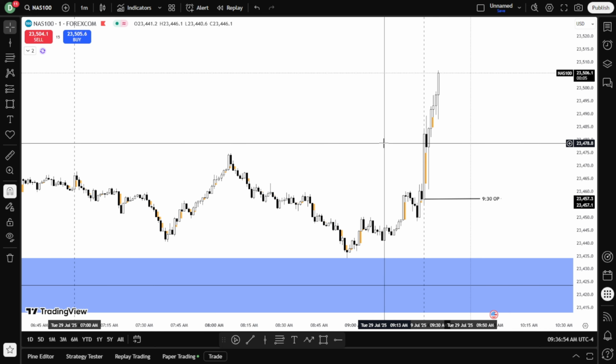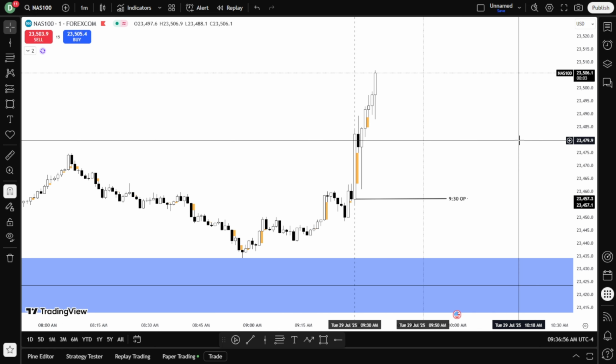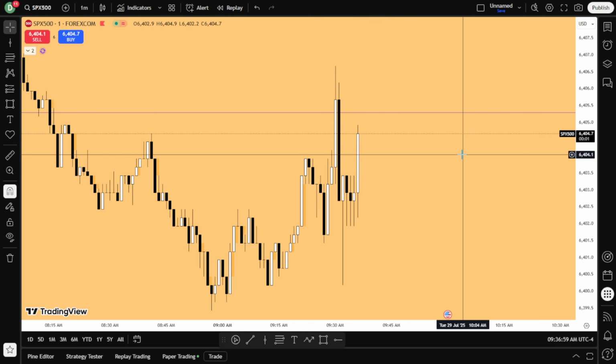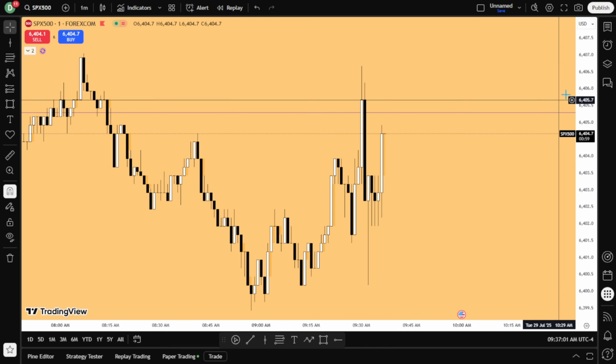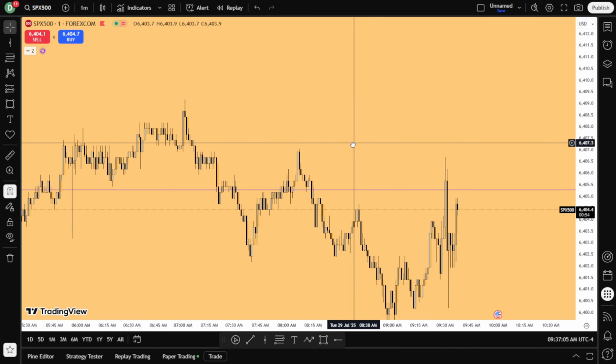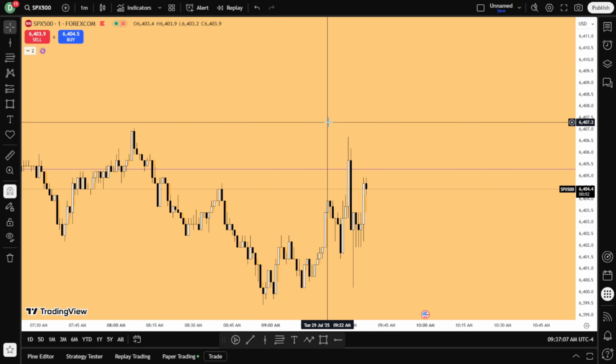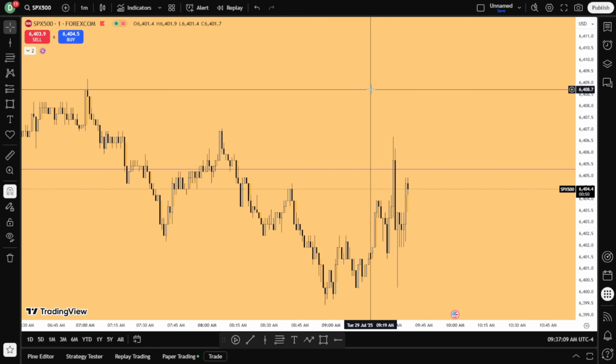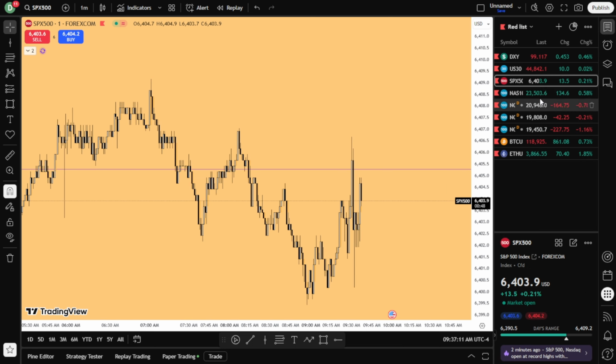So let me tell you the basics. Currently we are looking at Nasdaq and S&P. We can see that Nasdaq is outperforming these three averages: US 30, SPX 500 and Nasdaq.